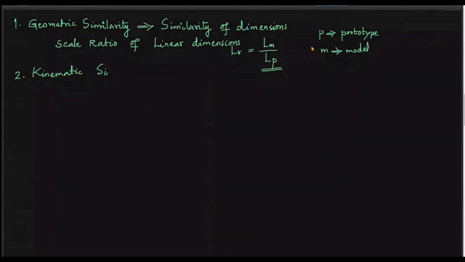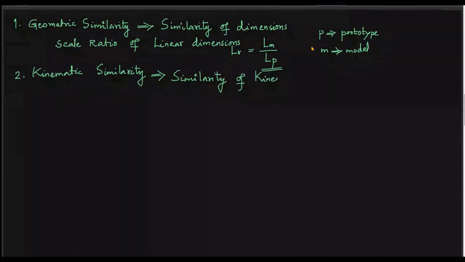Motion parameters means pure motion parameters, like velocity, acceleration, etc. So kinematic similarity is actually similarity of kinematic parameters, your pure motion parameters.